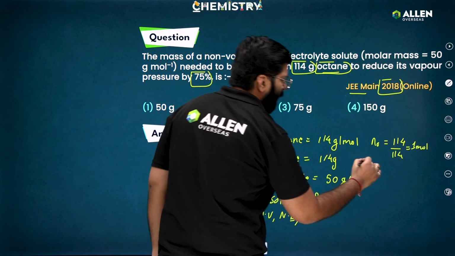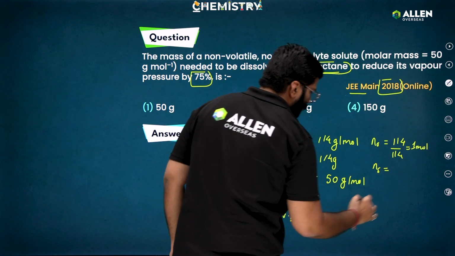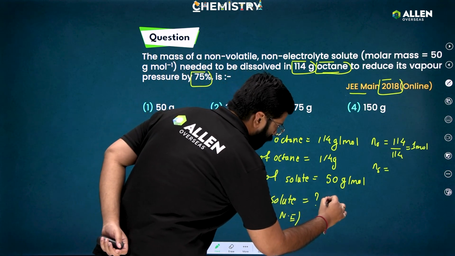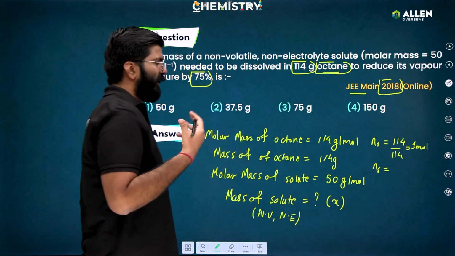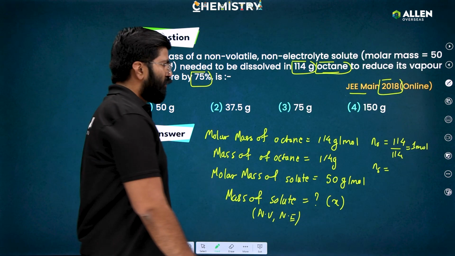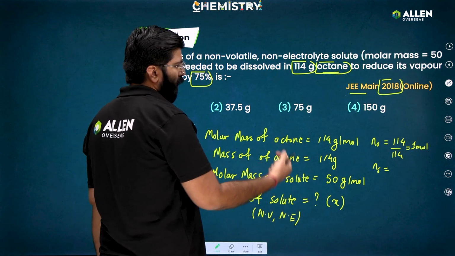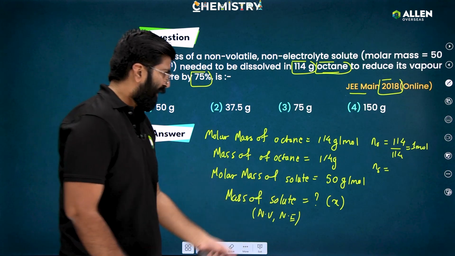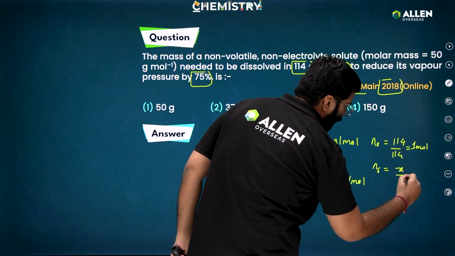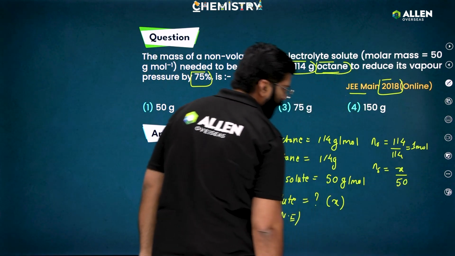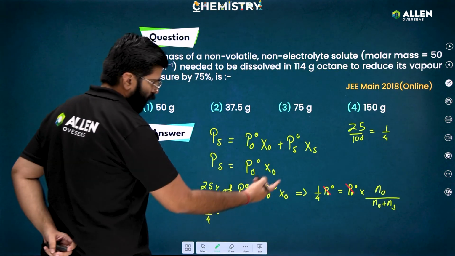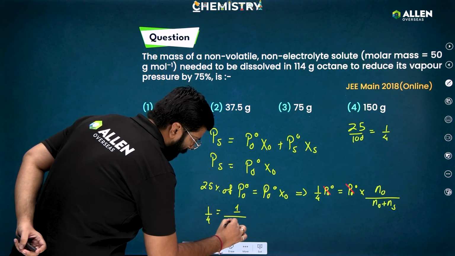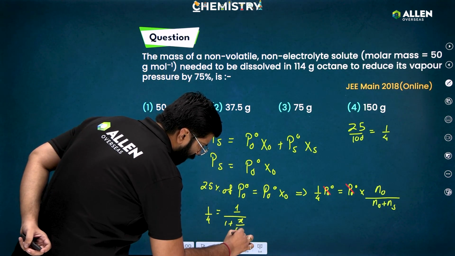And for the number of moles of solute, let's assume the given mass is X. The molar mass is 50, so the moles of solute are X upon 50. I can substitute this directly: 1 upon 1 plus X upon 50.